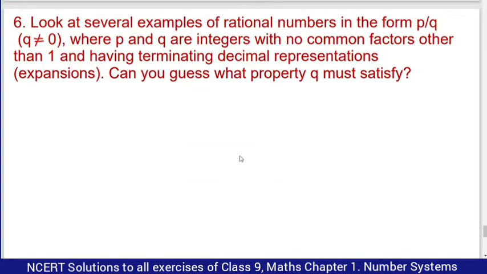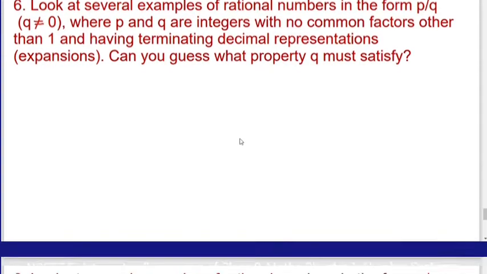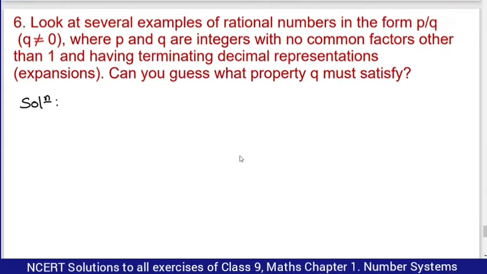Sixth question. Look at several examples of rational numbers in the form p by q, where q is not equal to 0, p and q are integers with no common factors other than 1, and having terminating decimal representations. Can you guess what property q must satisfy? Solution.